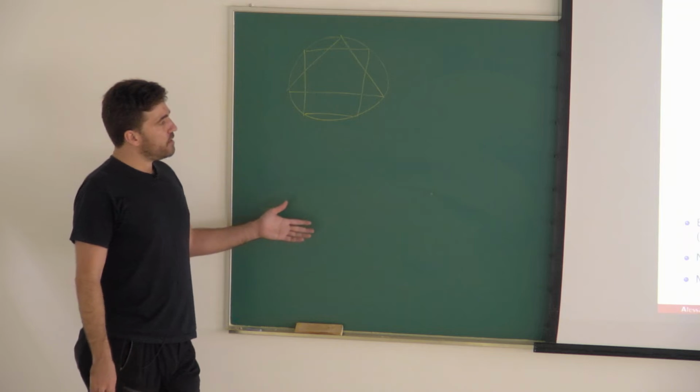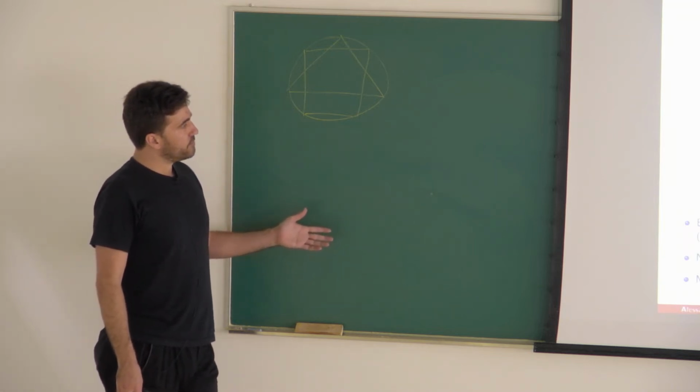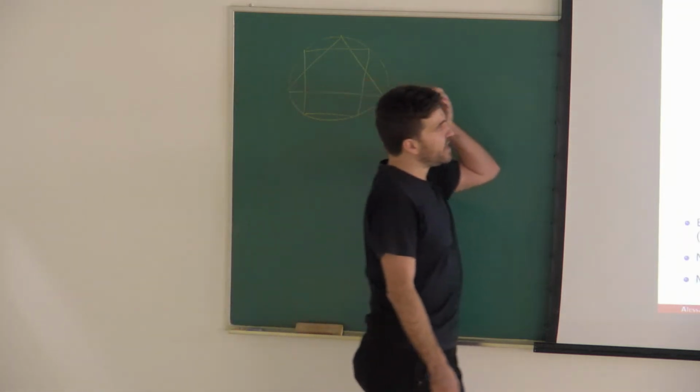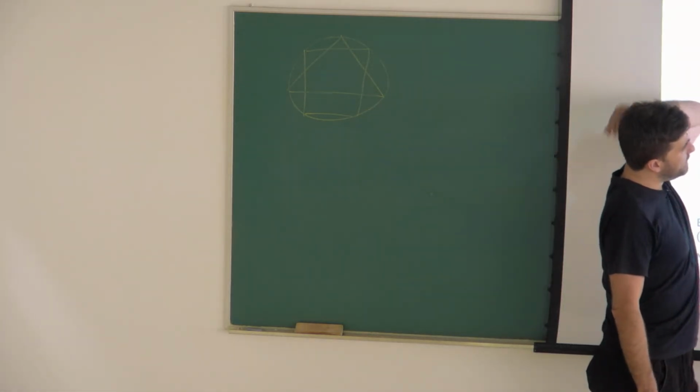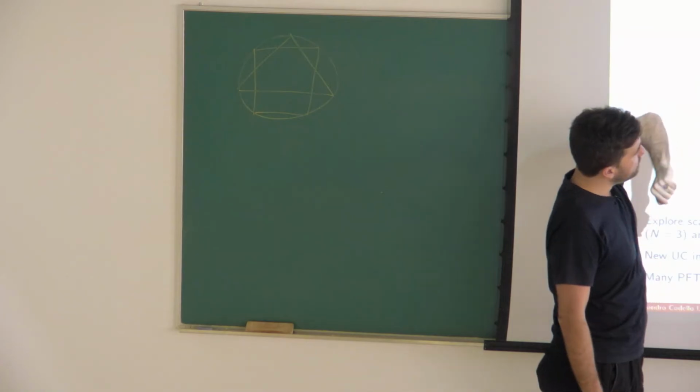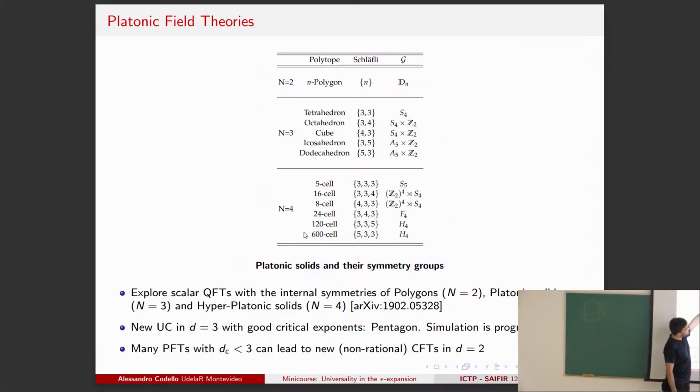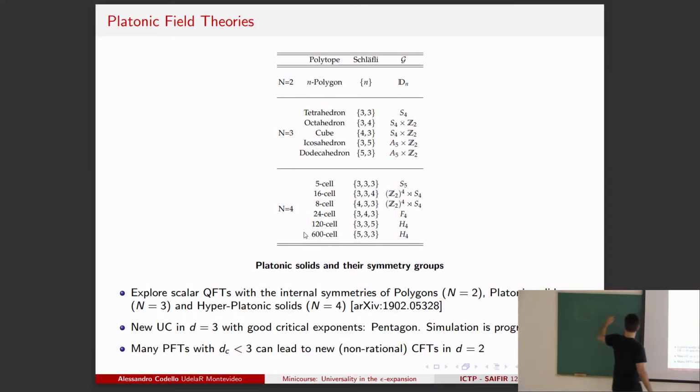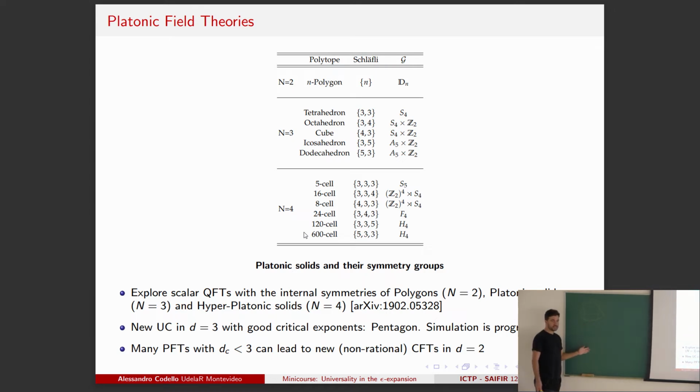As you know very well, in 2 dimensions we have an infinite number of regular objects, which are the polygons. Then there are the triangle and the square, generalized to any dimension.